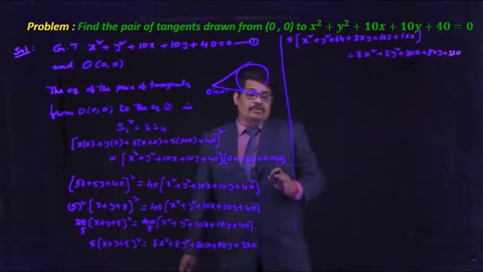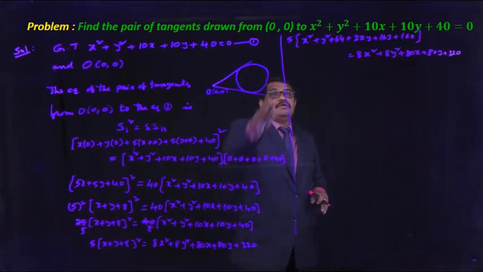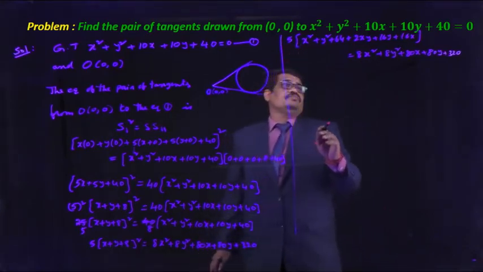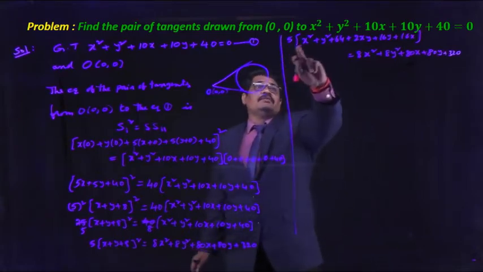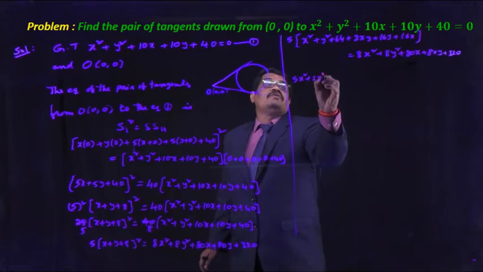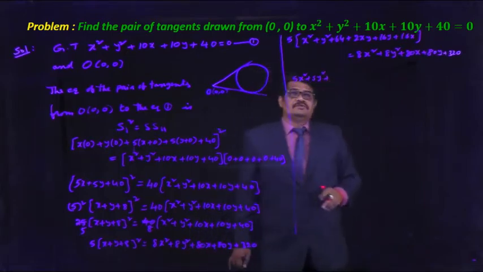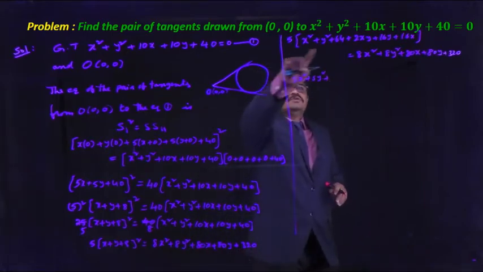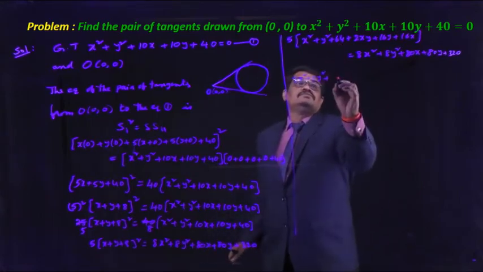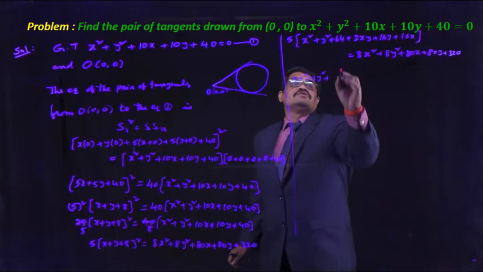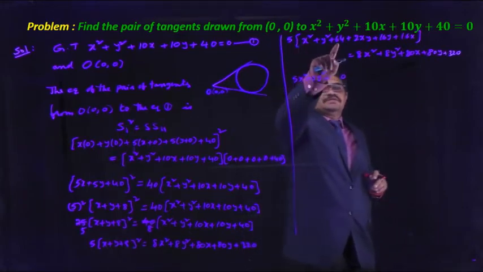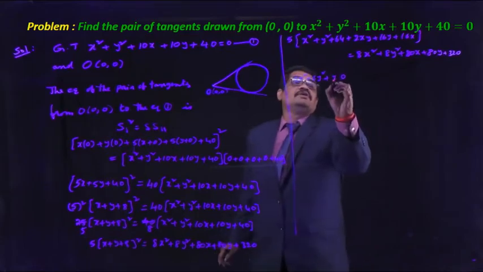Now, moving to one side, we are multiplying with 5: that is 5x square plus 5y square plus 5 into 64, that is 320.